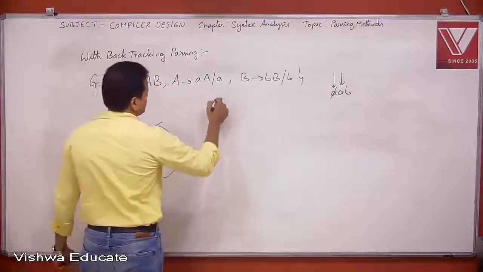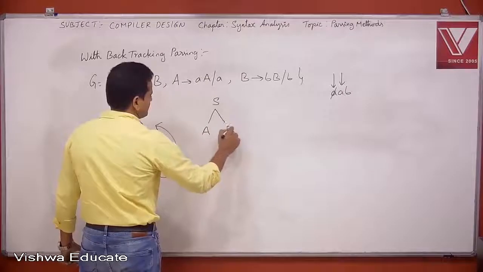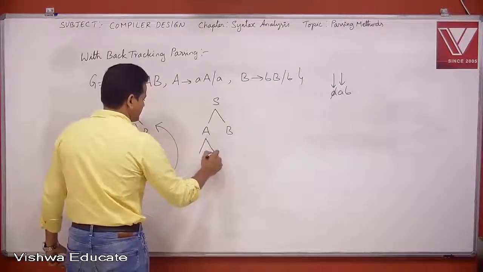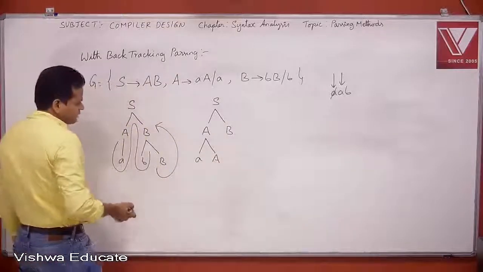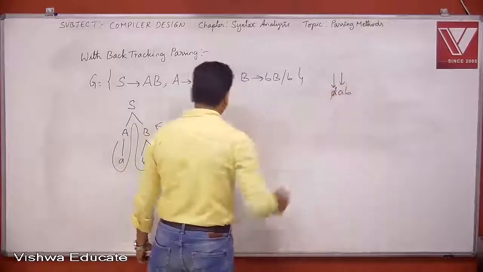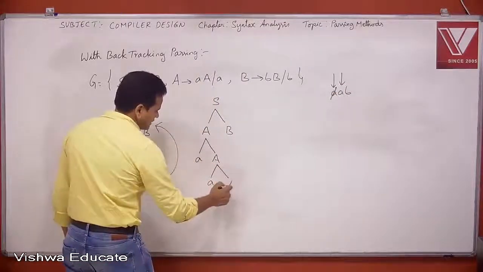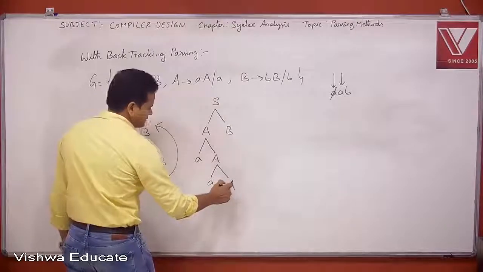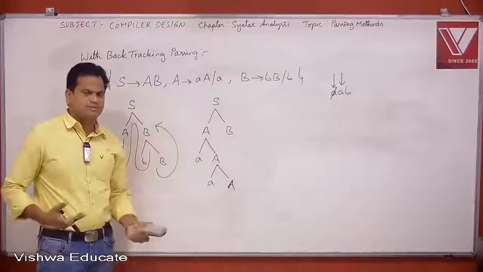Now S derives AB. If the parser goes to AA, yes, it has to go for it. Now it got A, okay. Next A. So again, if it goes again to A, it may go for A also. I am just verifying.